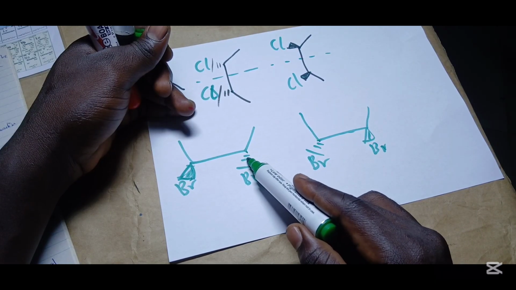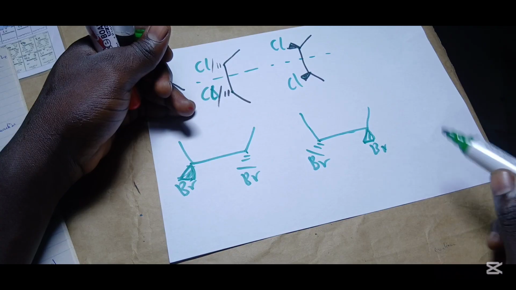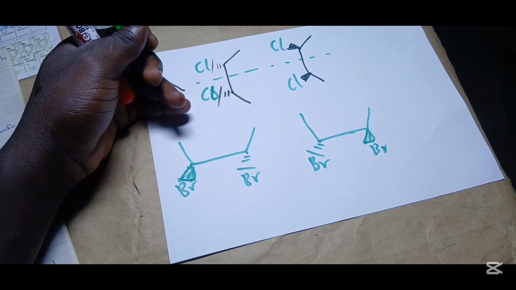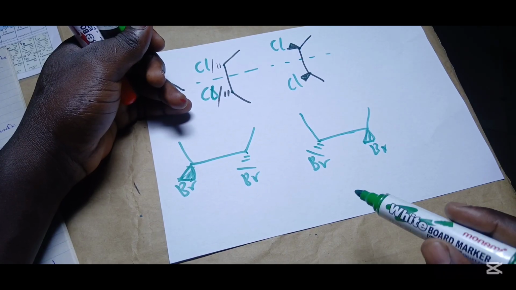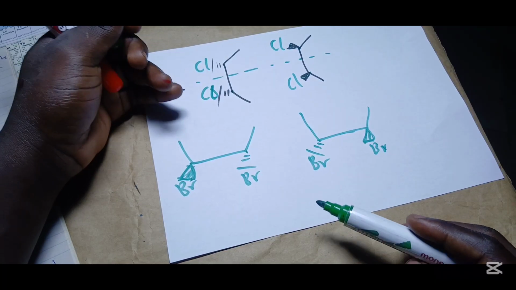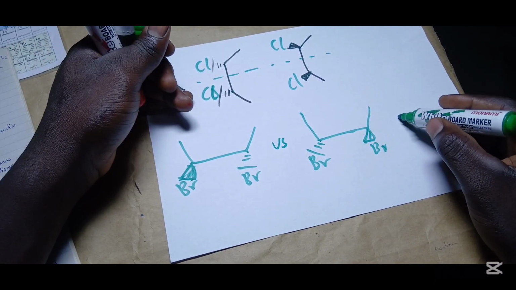This side of bromine here is on a dash wedge, but here this side of bromine is on the solid wedge. So you can see that the chiral centers have changed their configuration, right? So these two molecules are enantiomers.